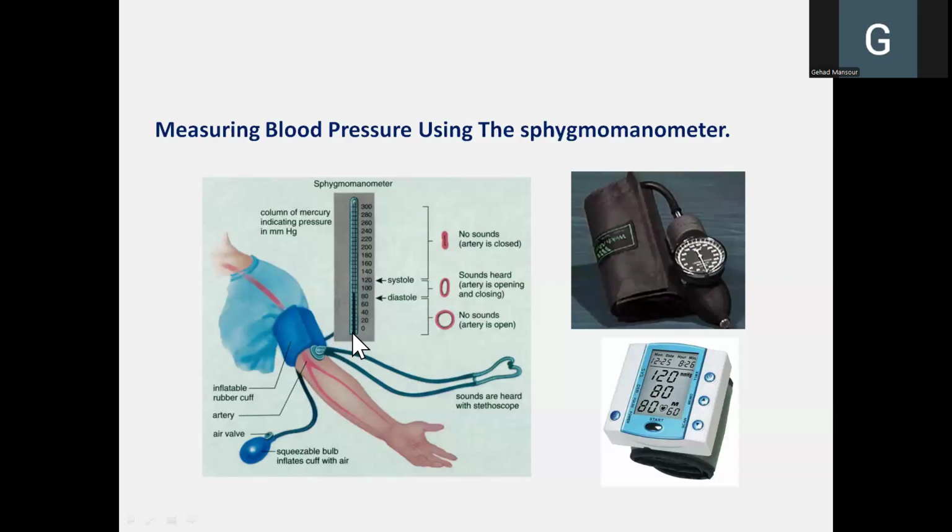If there are air bubbles, this will totally interfere with the elevation of mercury inside the column and will damage the apparatus. The rest is made of rubber tubes, and you have here a cuff that rotates around the arm of the patient, and it is inflatable. Therefore, you can increase the air pressure inside, and it is made of rubber.